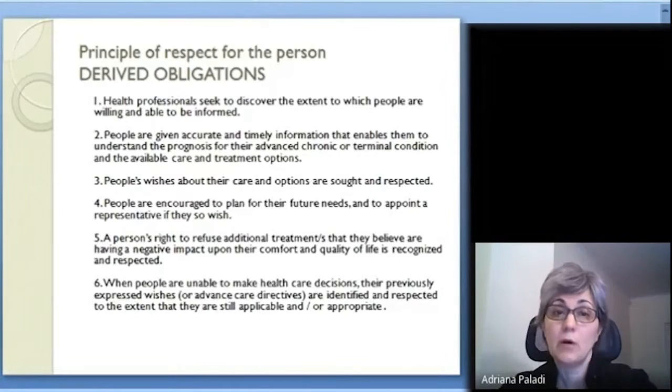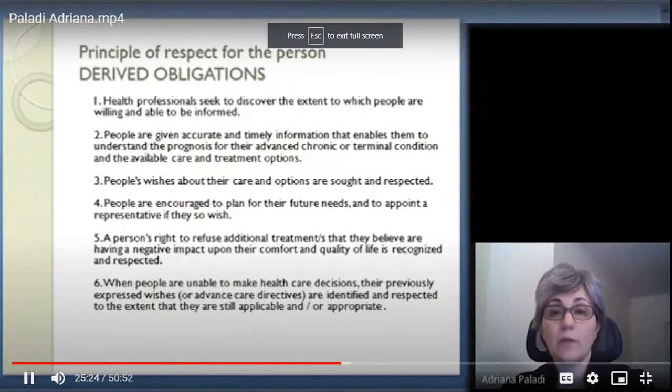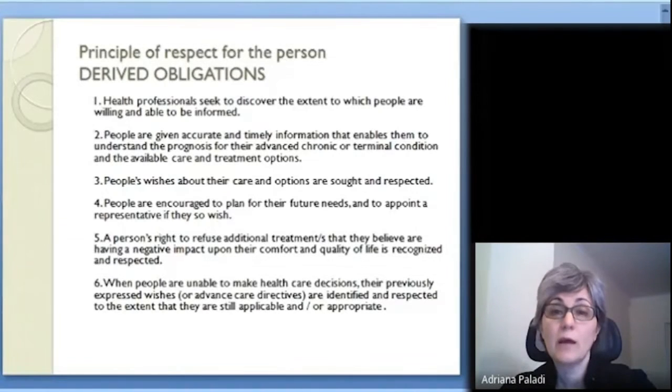Second, if the person is willing and able, give him or her accurate and timely information that enables them to understand the prognosis for their advanced chronic or terminal condition and the available care and treatment options.